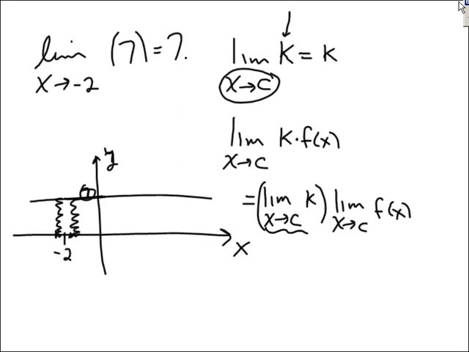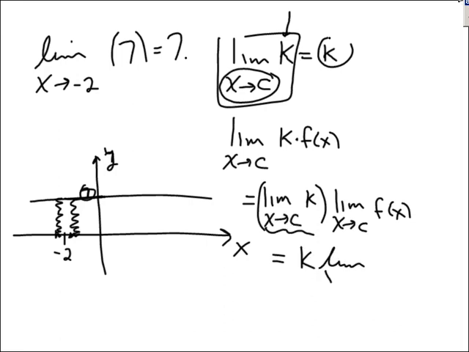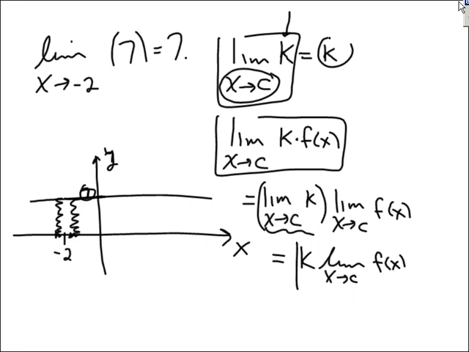But the first limit we know; we just talked about this limit. It's just a constant. And the second limit we won't know unless we know what c and f of x are. So what did we learn from here? Well, what we realize is the k, the constant, can come in front.